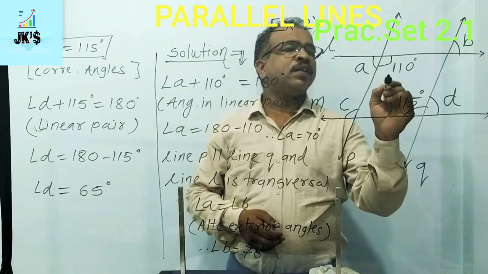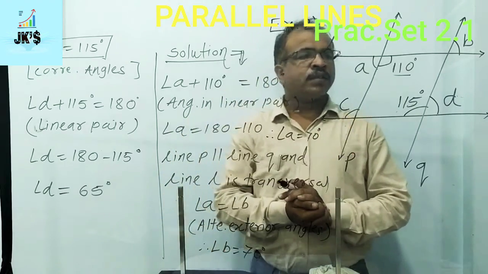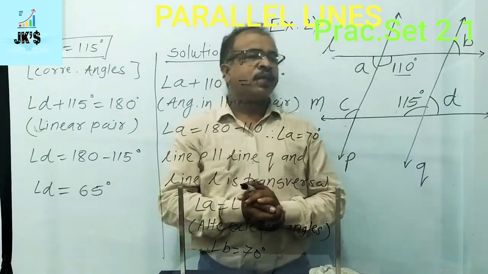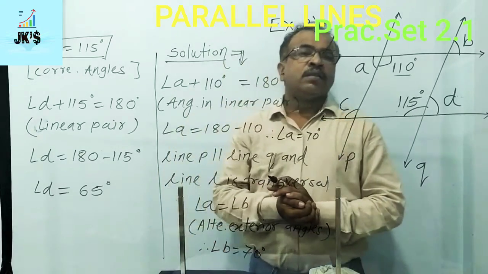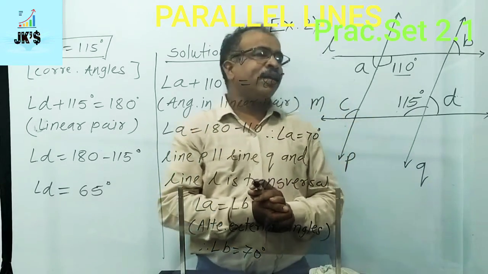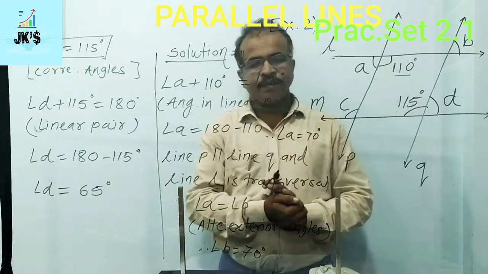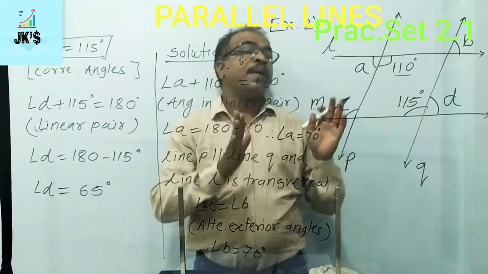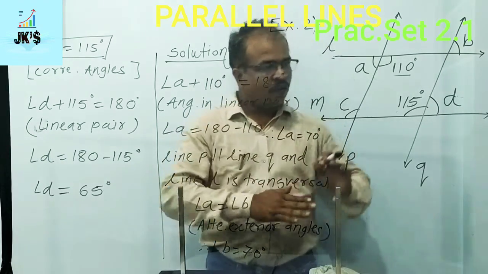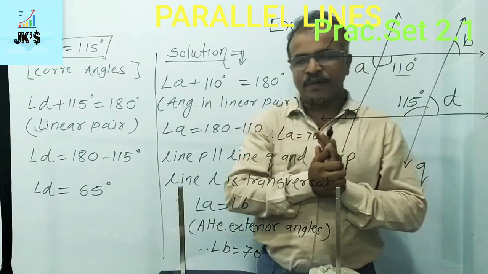Here this angle is given as 110, another one is 115, and it is asked to find the values of angle A, angle B, angle C and angle D. There are two pairs of parallel lines. These two are parallel and these two are also parallel.